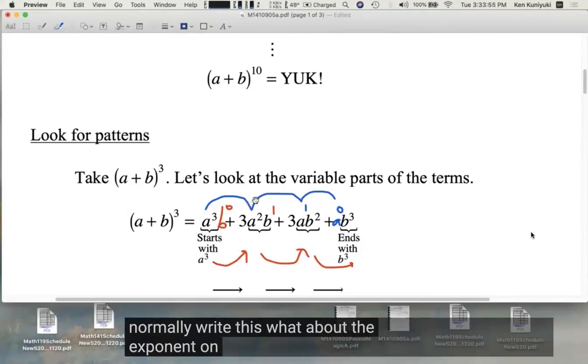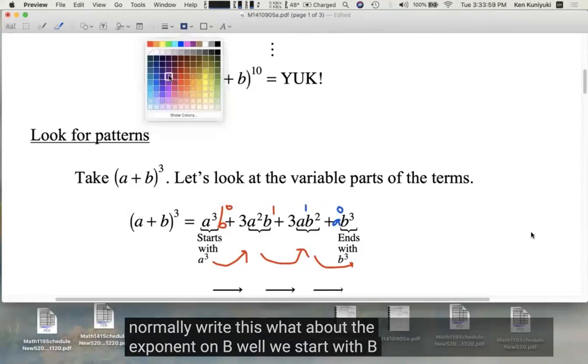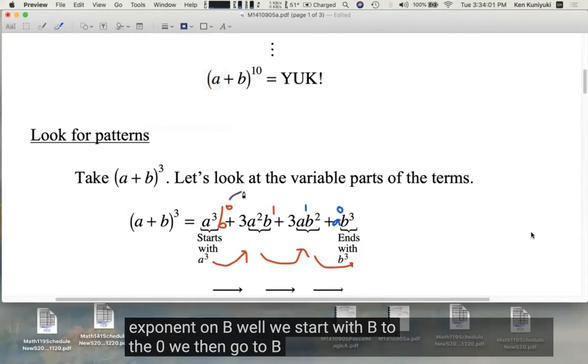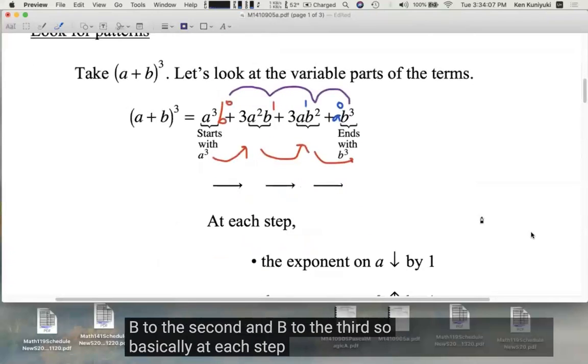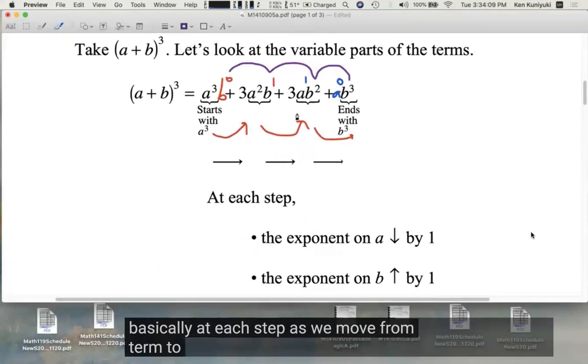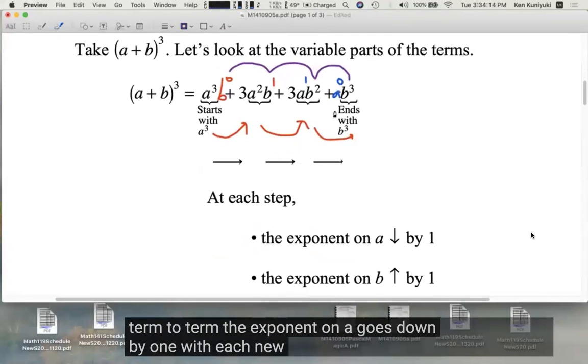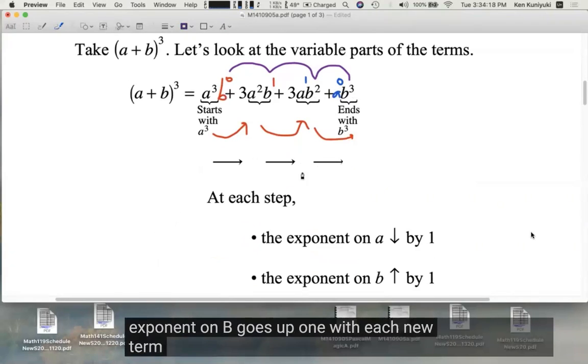What about the exponent on b? Well, we start with b to the 0. We then go to b to the first, then b to the second, then b to the third. So basically, at each step, as we move from term to term, the exponent on a goes down by 1 with each new term, and the exponent on b goes up 1 with each new term.